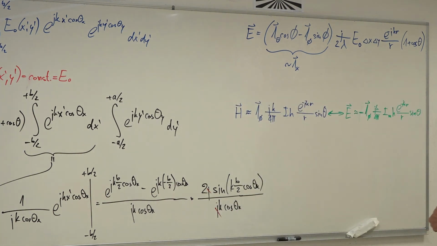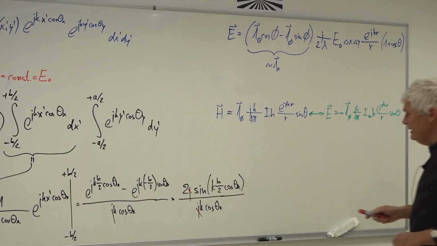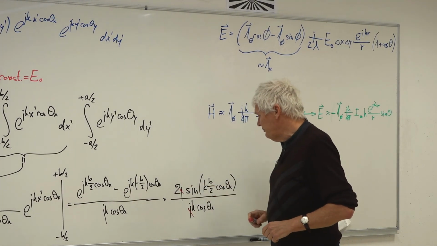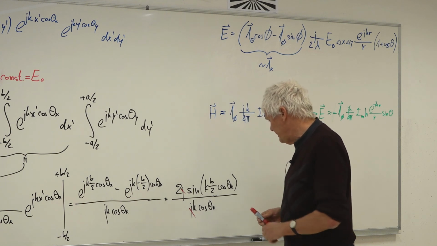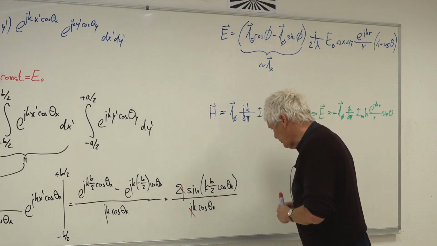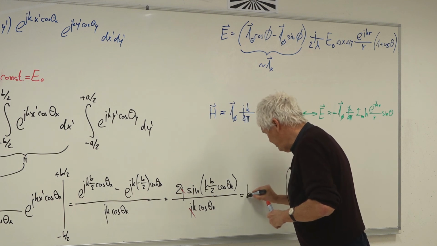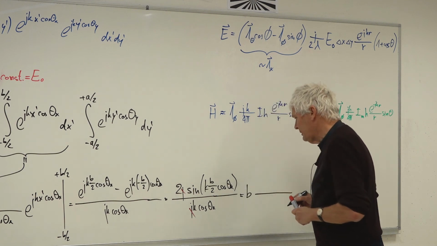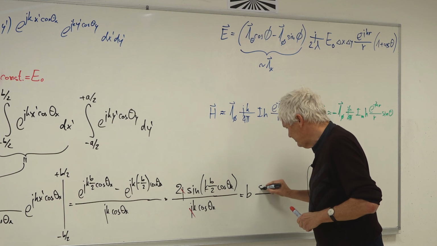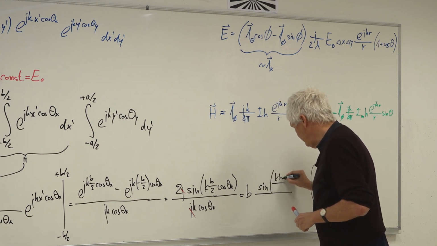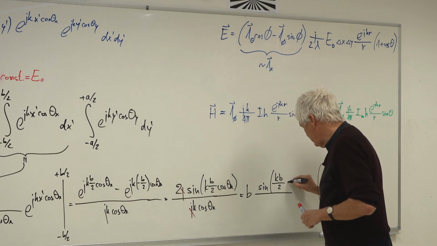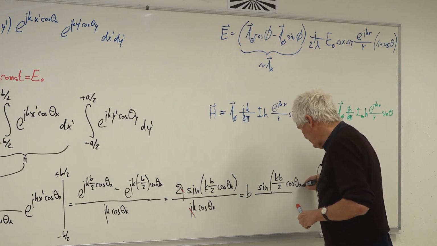K with k, and I have 2, I would prefer to multiply on top and in the bottom with b. So I have b times sine of k b half cosine theta x.